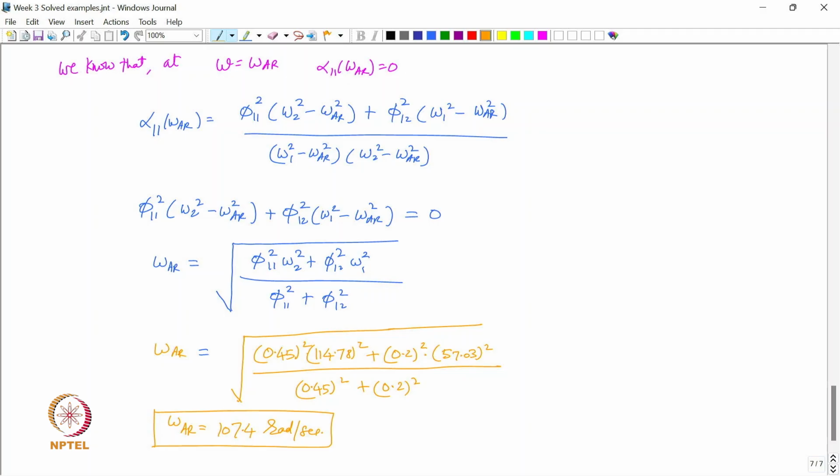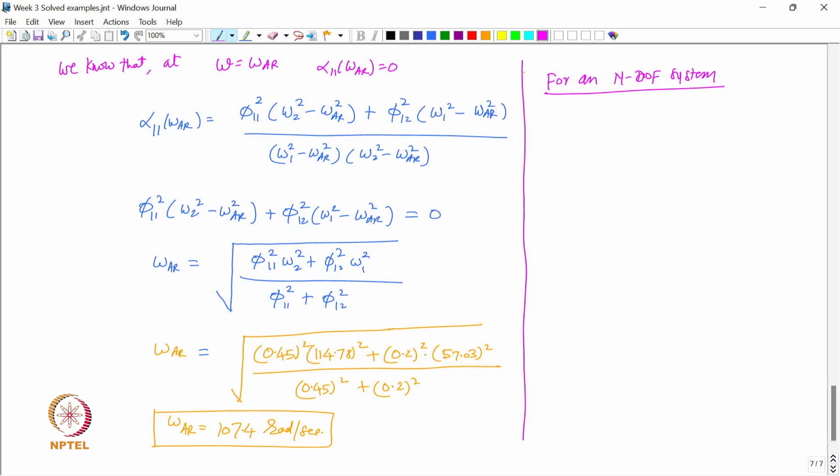But if you have an n degree of freedom system, then the expression you would get would be a polynomial of degree n minus 1 in omega square, correct. So, let me write that here for an NDOF system. What is going to happen?